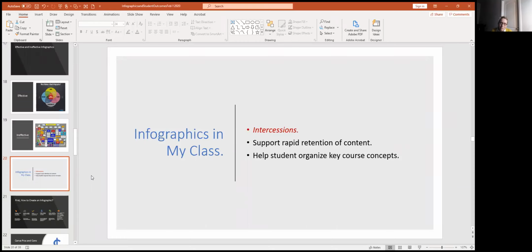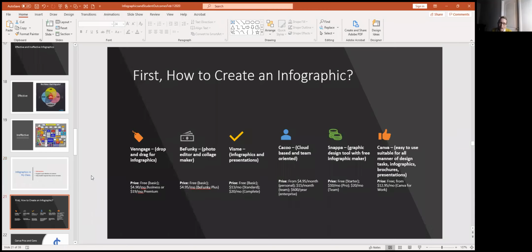One of the tools they must have to be effective as online learners, they've got to be able to organize the information such that it makes sense to them. So one of my responsibilities is helping them organize this information. And I hypothesized that the infographic would be helpful in this organization process.